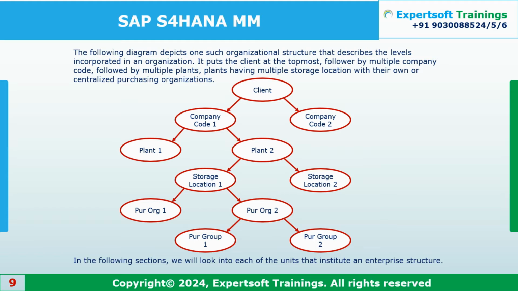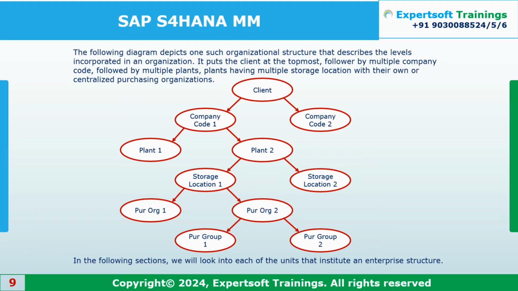Now, an important thing: these company codes are configured and maintained by SAP finance people. There are several modules in the SAP system, such as SAP finance, SAP HR, SAP SD (sales and distribution), SAP production planning, SAP business warehouse, SAP plant maintenance, SAP quality management.